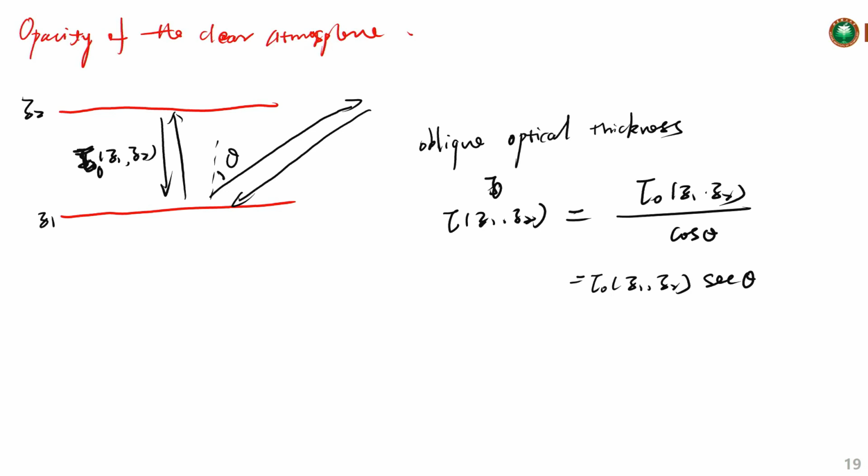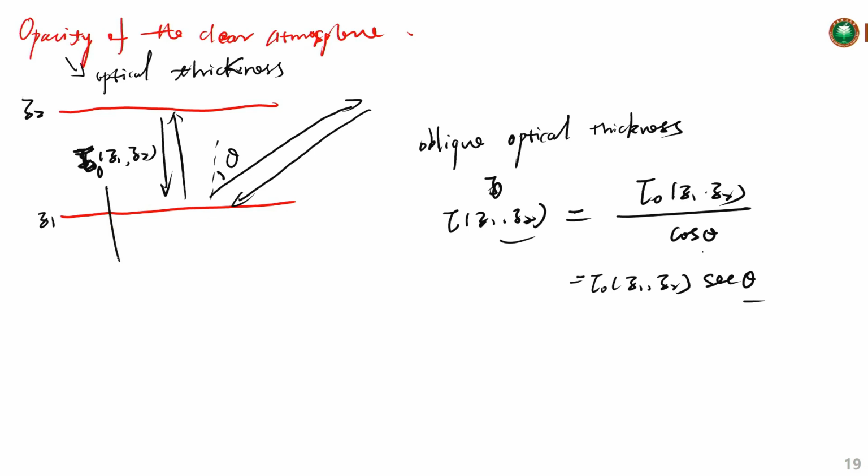This is the optical thickness related to the opacity. Now we know this, we can calculate the oblique optical thickness with respect to any zenith angle.